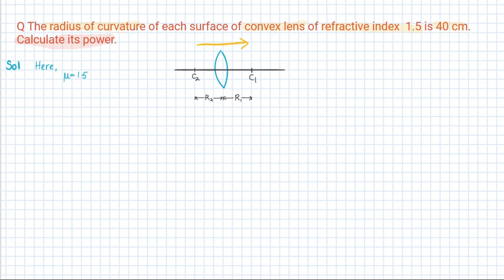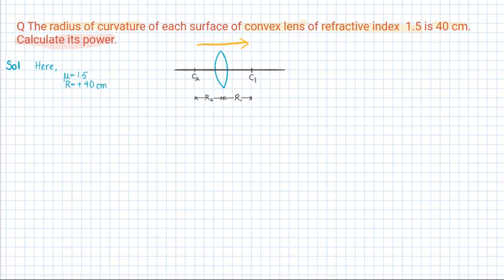So let us write R equals plus 40, given in centimeter. And why is it plus? Since it is measured in the direction of the incident light.